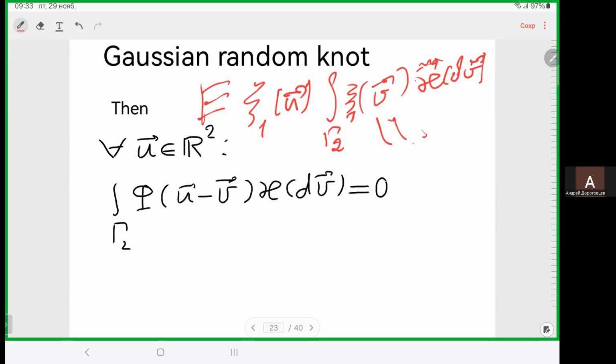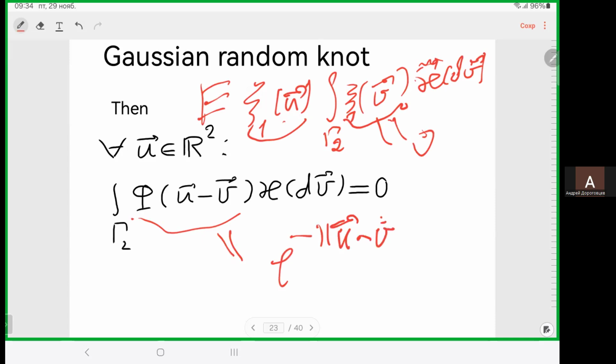The expectation must be equal to 0. But when we consider the expectation of the product of these two things, we get exactly our covariance, which, as far as I remember, is phi of u minus v.